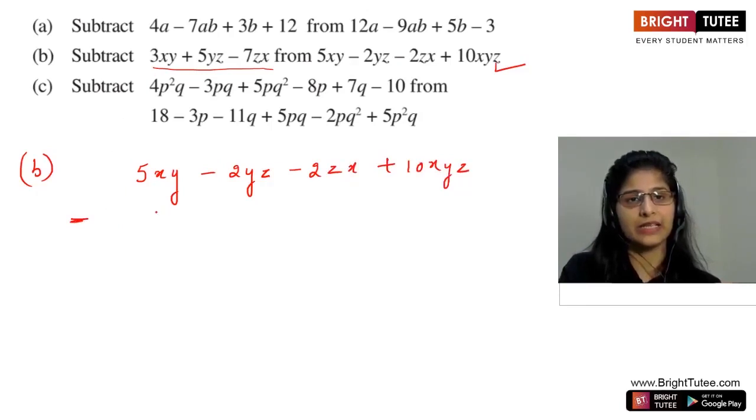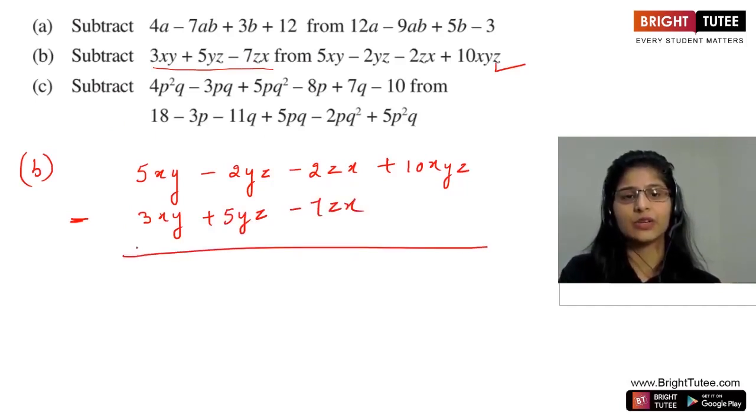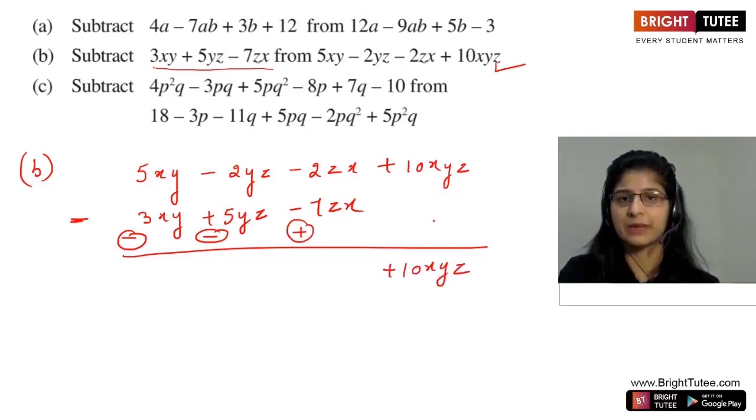We have to subtract 3xy plus 5yz minus 7zx, right? So these signs will change. This will be minus, this will be minus, this will be plus.